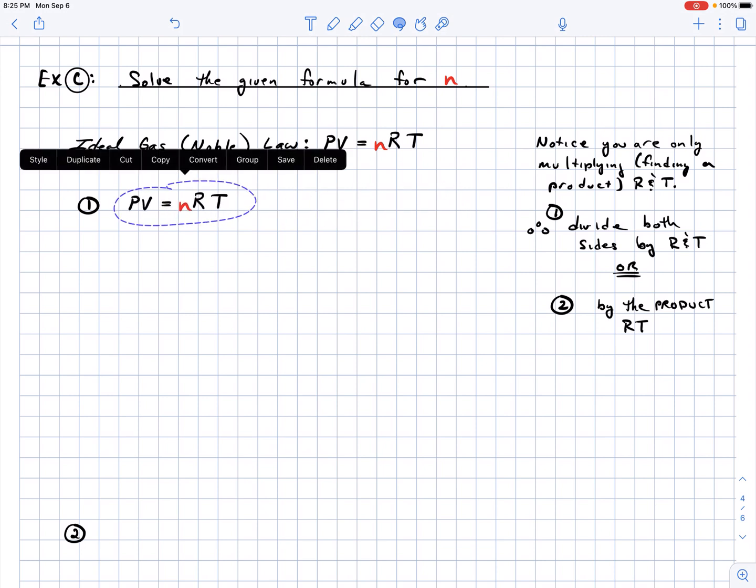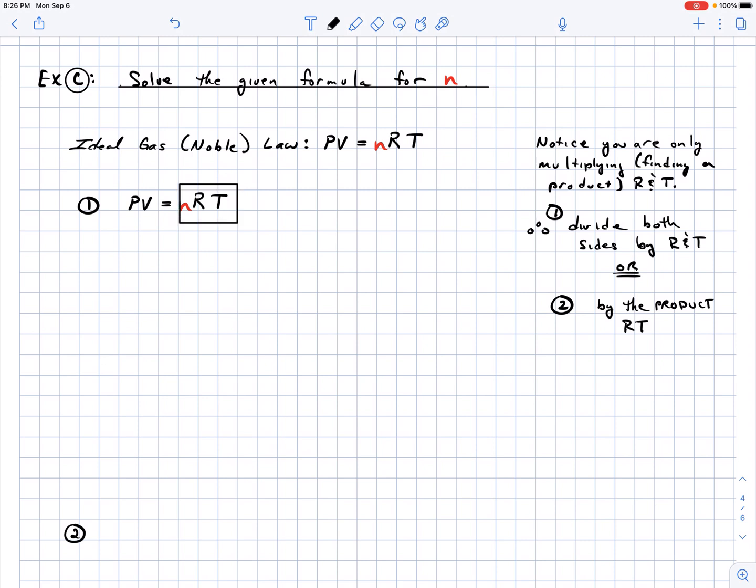Okay, anyway, the first thing is that I realize that I'm only looking at the right-hand side. That's the big thing that I want to look at. And I notice that all of the variables have multiplication between them. How do I know this? Because there's no operation between them. There's one n, one R, and one T, and therefore, that's all multiplication.